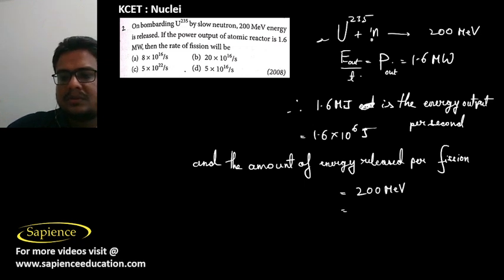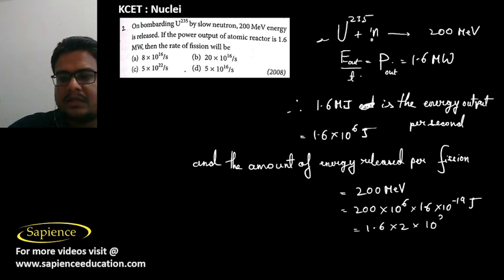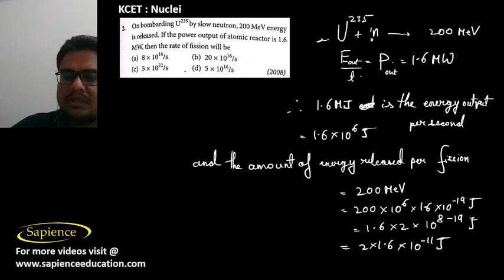Which is equal to 200 into 10 power 6 electron volt, and 1 electron volt means 1.6 into 10 power minus 19 joule. So this will be 1.6 into 2 into 10 power 8 minus 19 joule. So 2 into 1.6 into 10 power minus 11 joule is the amount of energy released per fission reaction.